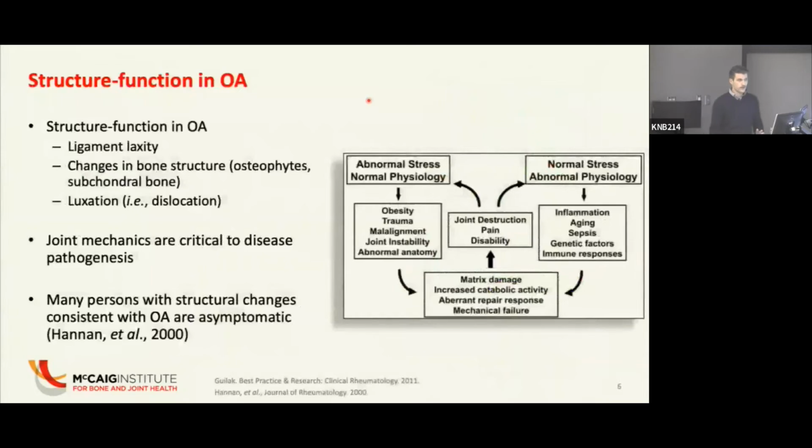So looking at the structure and function relationship in osteoarthritis, there's this really interesting cycle you can see here, pulled from this review paper from 2011, that shows that we can have changes to the structure of the joint, which can then affect the function of the joint, and we can have this cycle of structure affecting function, and those effects can be from various things, like I've mentioned, ligament laxity, changes in the bone structure, dislocation of the joint, and so on.